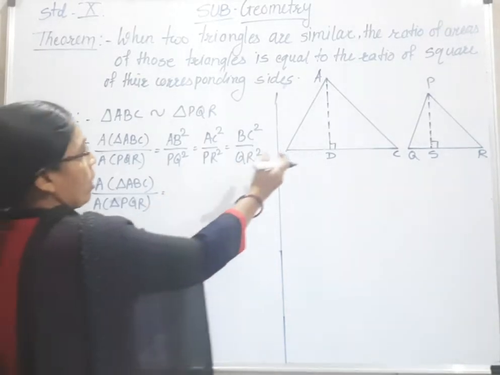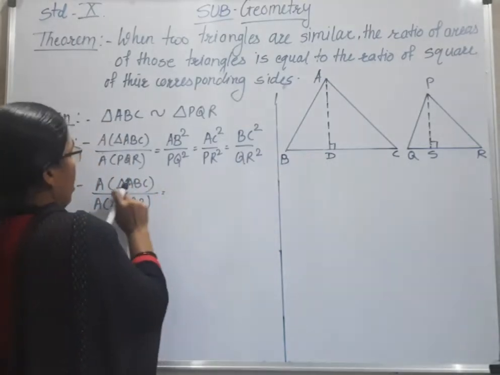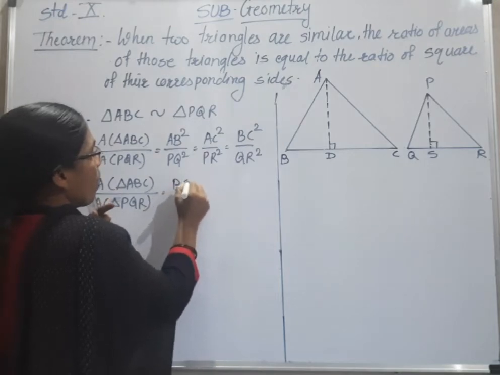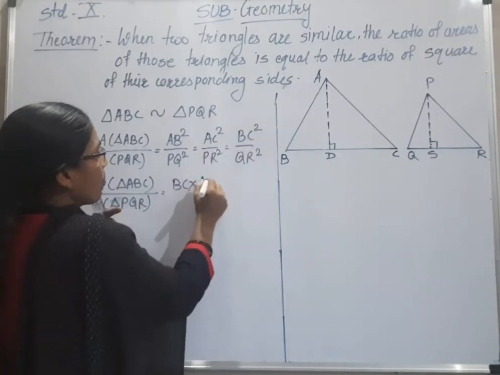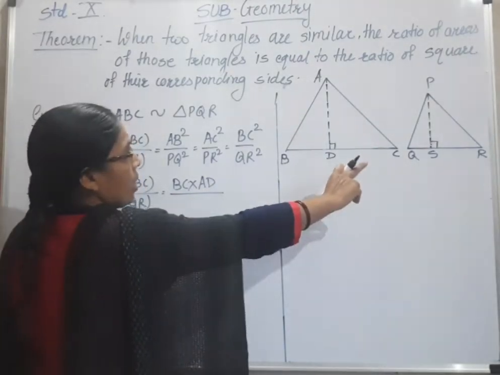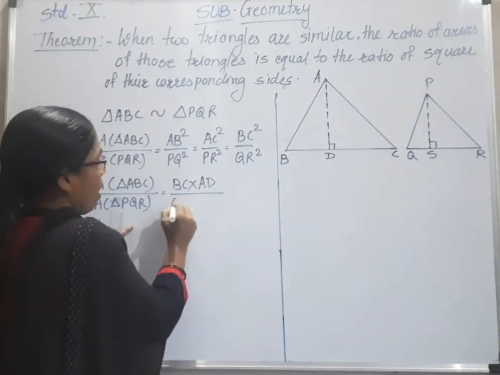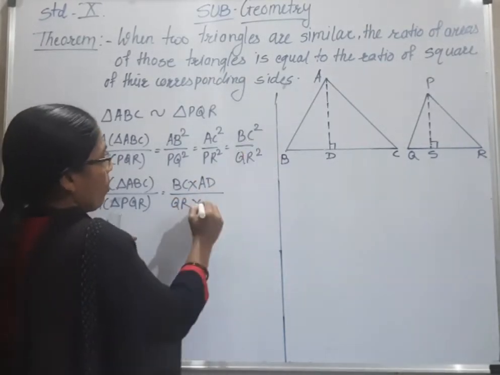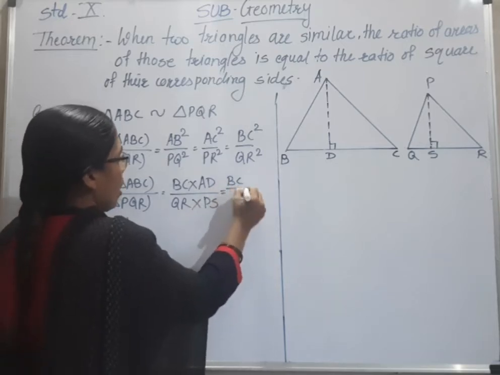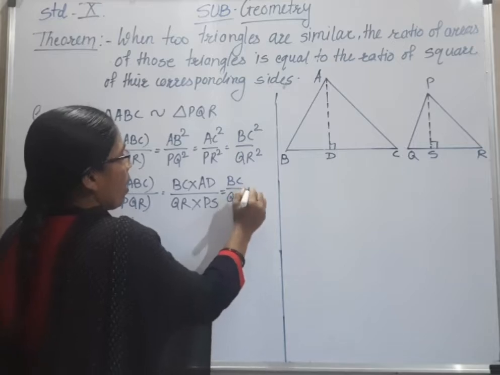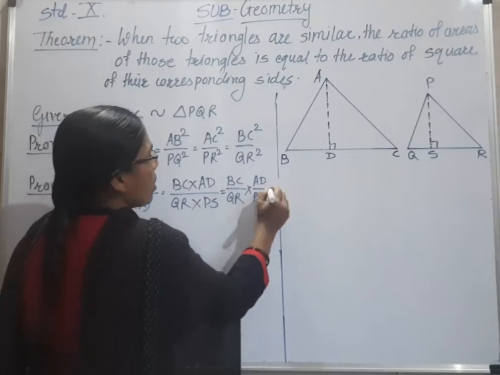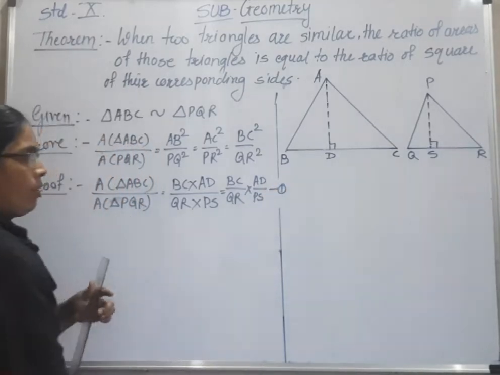So in triangle ABC the base is BC into height AD, upon area of triangle PQR, base QR into PS, which is the height. Now we write this separately: BC upon QR into AD upon PS. This is the first equation.